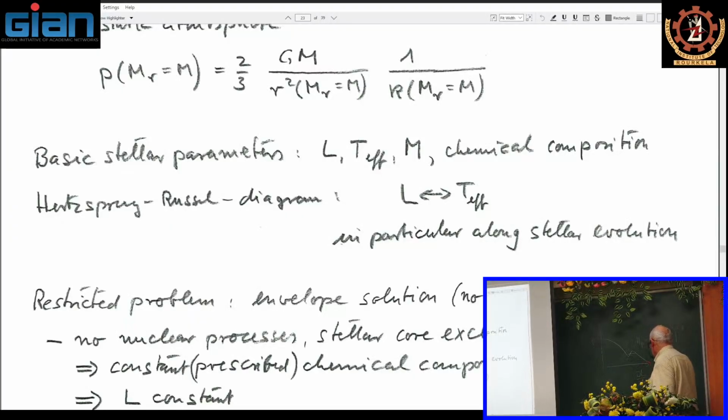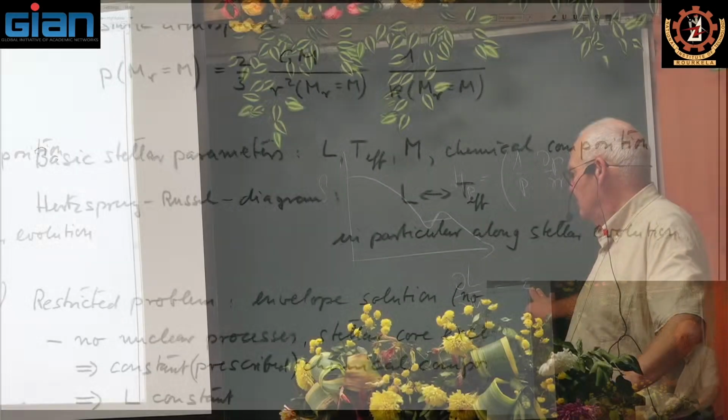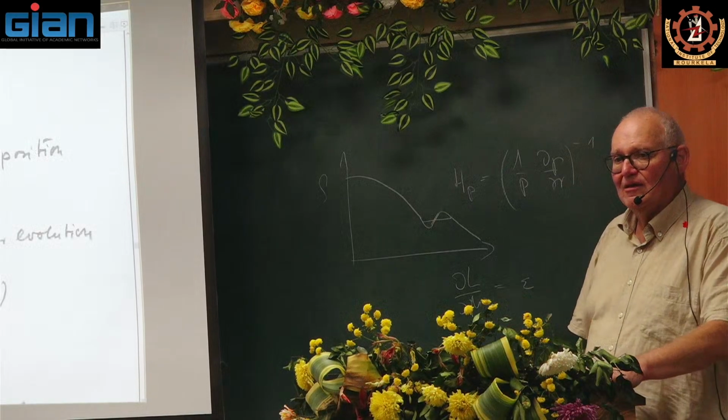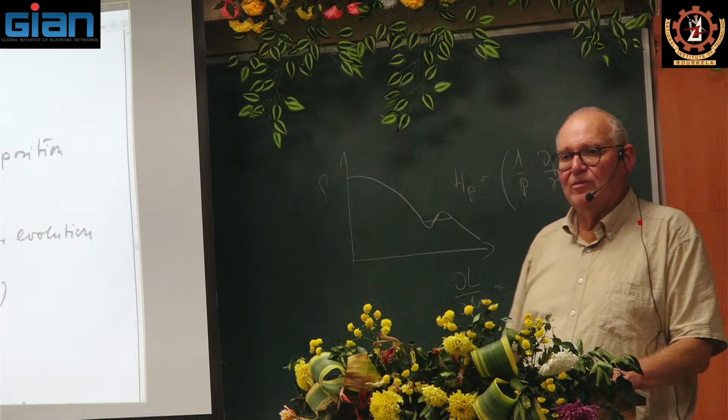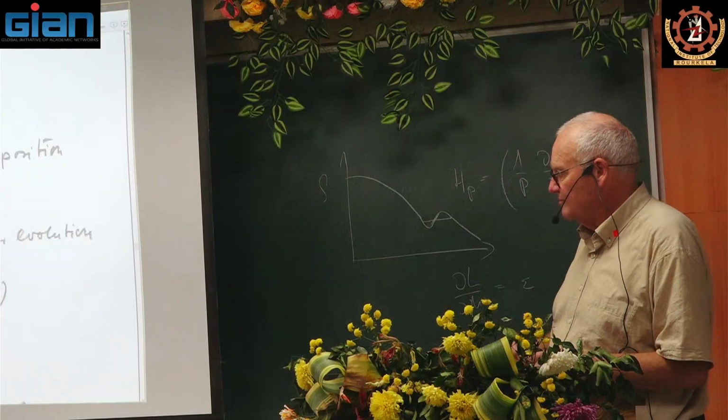Keep in mind dL/dm_r is given by the nuclear energy generation. If you disregard this energy generation, the gradient of luminosity vanishes, so you don't need to integrate this equation.